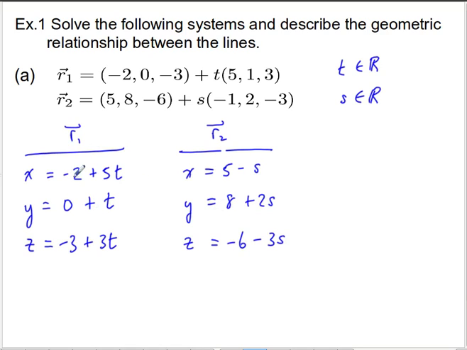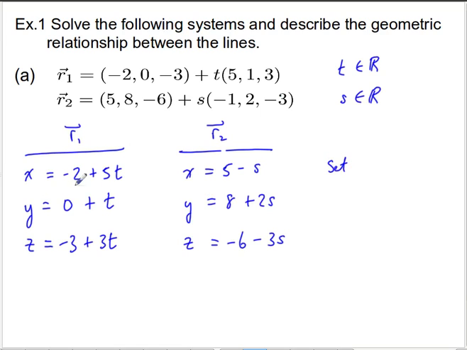And now that I have these parametric equations, I can start to put these together to find a system of equations. Now, the one thing I want to point out to you is that the x, y, and z, those represent the various x, y, and z coordinates, or the points on R1 and the points on R2. If we are trying to solve the following system, we're trying to find out where these points are equal to each other.